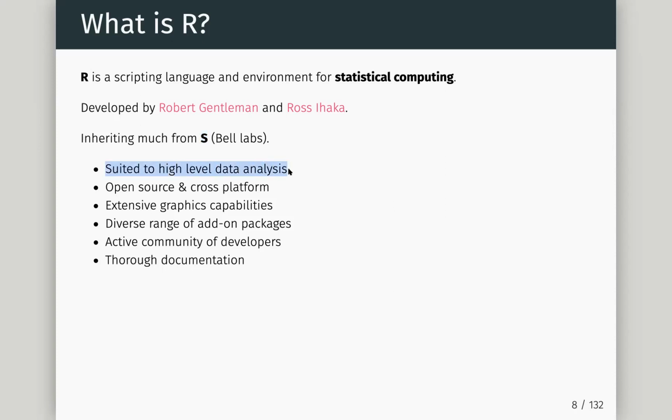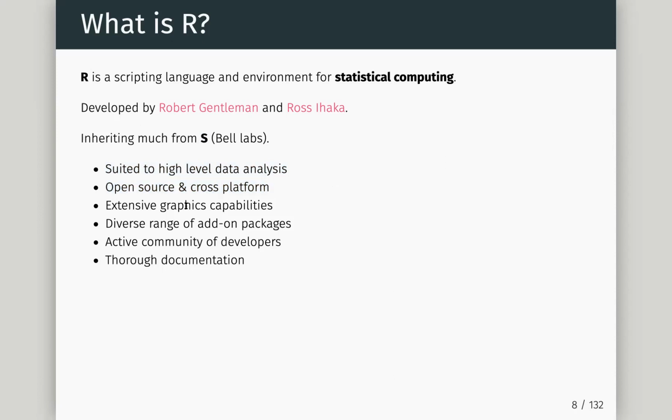What is great for R is it's really suited to high-level data analysis, not necessarily very intense computational programs are written in R, but it's useful for analyzing gene expression, higher level data analysis. It's open source and cross-platform. If you're on Windows, Mac, Linux, you can install it anywhere.